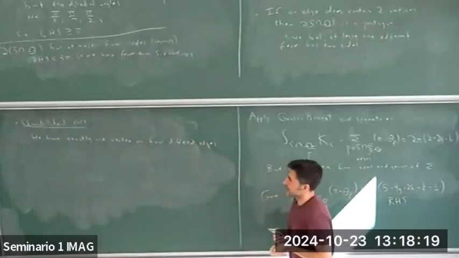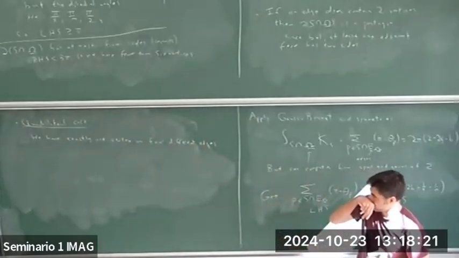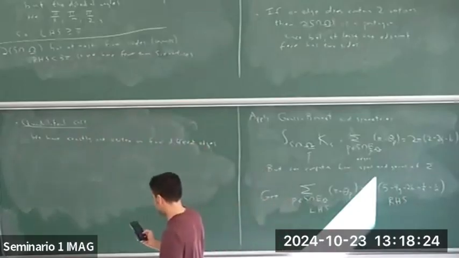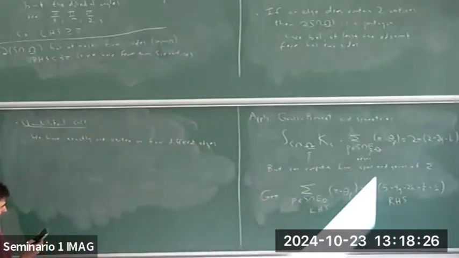In this case we can't have two vertices on a single edge.